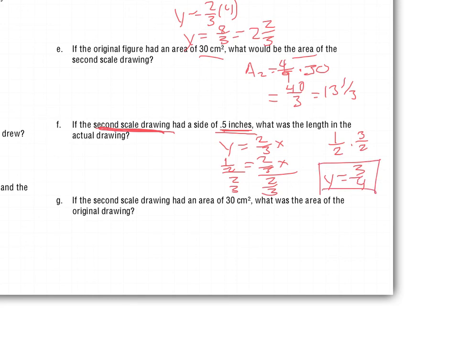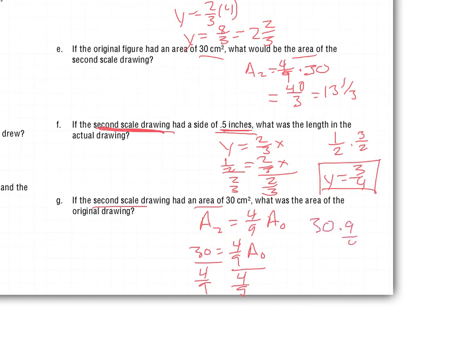And the second scale drawing has an area, so using our area equation, and it was from the second scale drawing, so this is coming all the way from our end point. 30 is equal to 4/9 times our original, so we're dividing by 4/9, which is going to be the same thing as multiplying by 9/4.